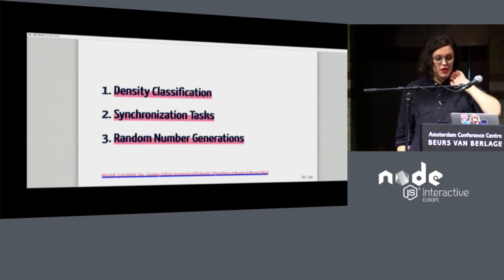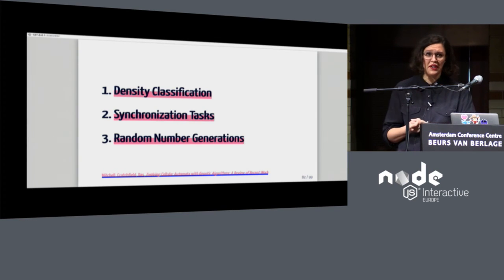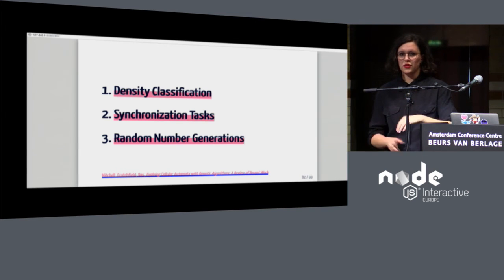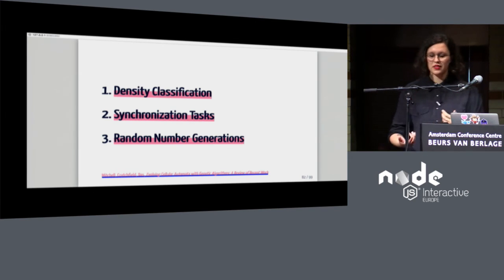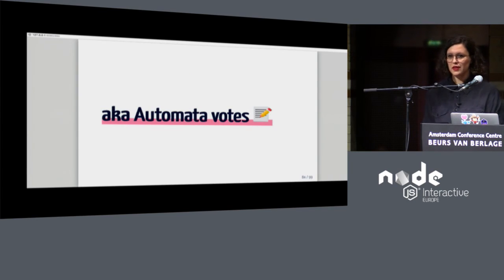Density classification is something I decided to look at because it was interesting for me and, not simple, but straightforward to do, and then I could get to something else at the end. The way that would work is basically like a voting system.